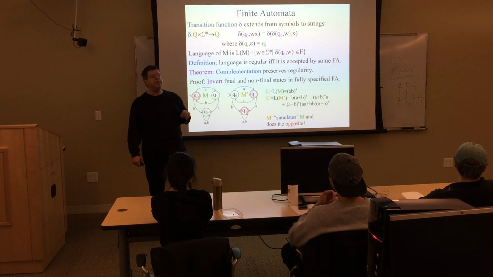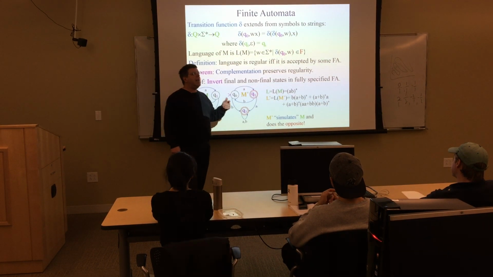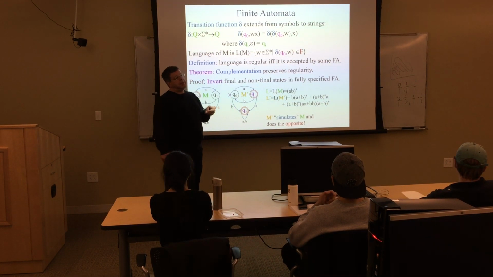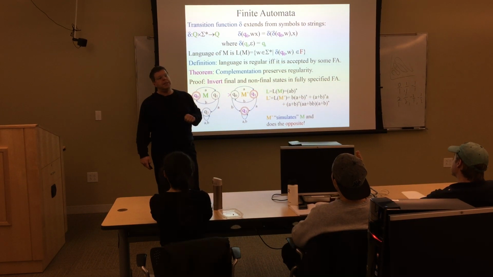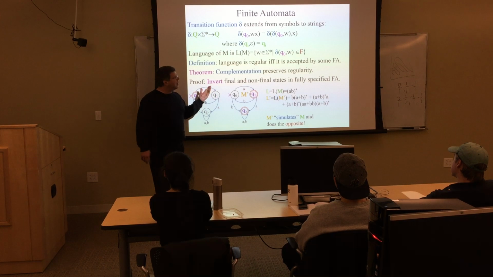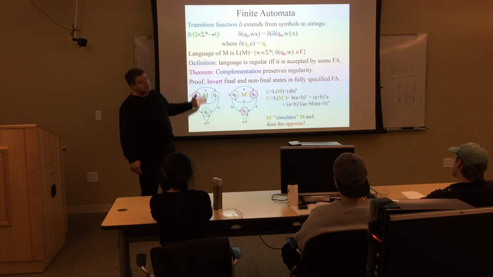So you cannot just flip a PDA, a push-down automata, a stack automata. So this doesn't work. In fact, the context-free languages are not closed under complement as a consequence of that. We'll talk more about that when we get to it. So some classes of languages are closed under complement, some are not. This one is, the regular languages.